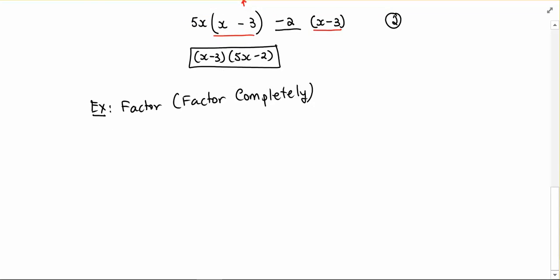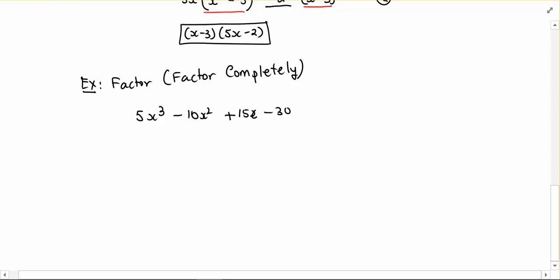Right? So let's take a look at this problem. 5x cubed minus 10x squared plus 15x minus 30. It's a 4-term expression. Let's do this like we would a normal 4-term expression. So I'm going to divide this 10 up.